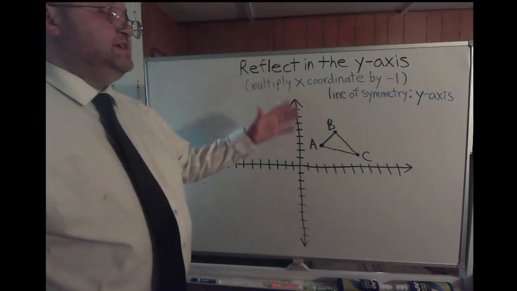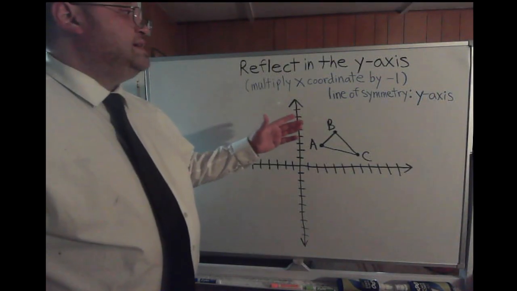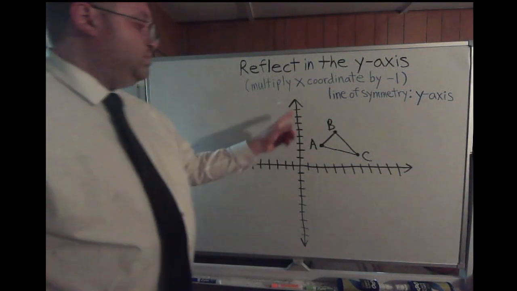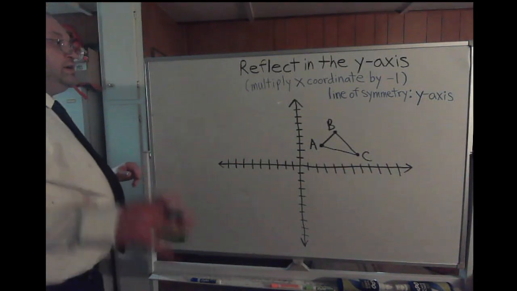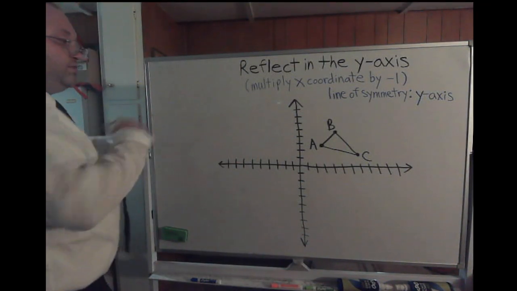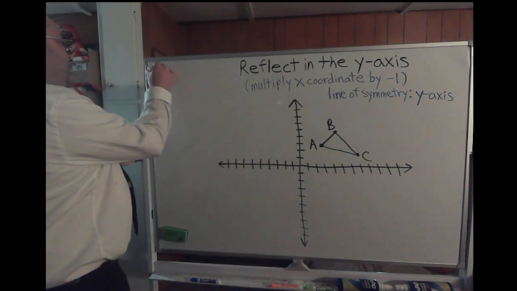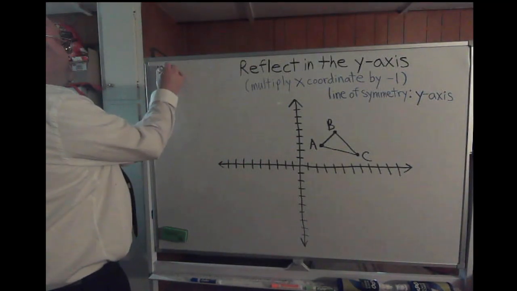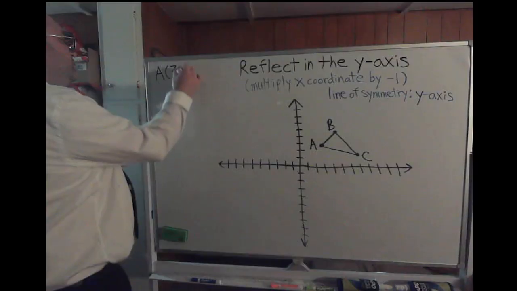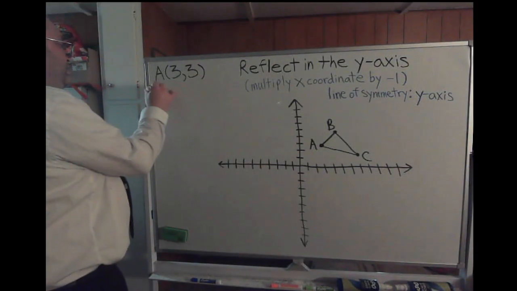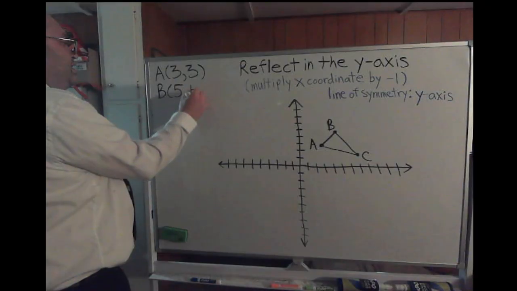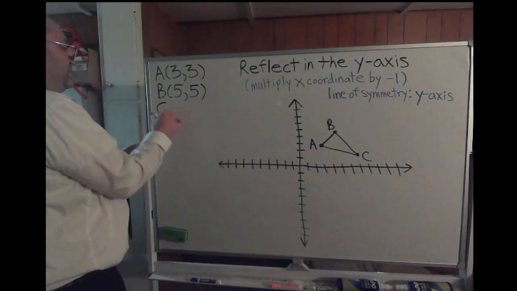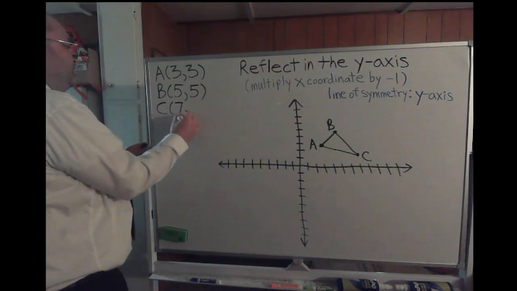So it's the opposite of reflecting it in the other axis. Your line of symmetry becomes the y-axis. That becomes your mirror. So, like before, you're going to list your original coordinates. A was at 3, 3. B was at 5, 5. And C was at 7, 2.